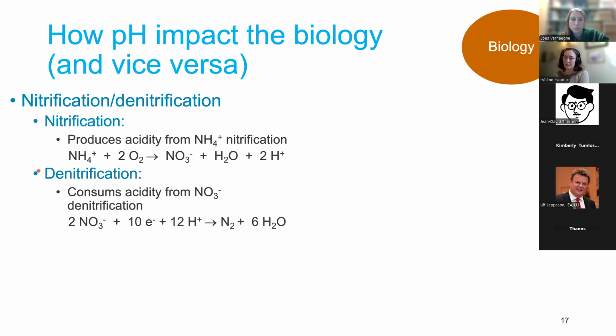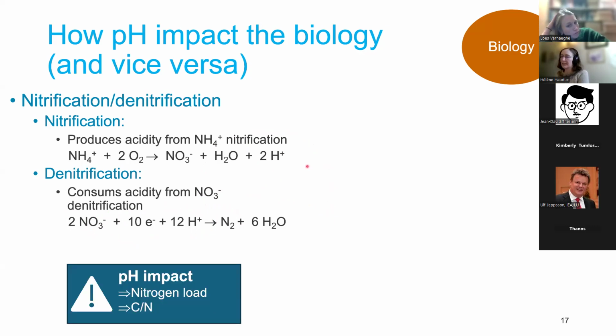Nitrification often comes with denitrification, which is the reduction of nitrate into N2. This reaction consumes a net amount of 2 protons for 2 molecules of nitrogen, so 1 proton for 1 molecule of nitrogen. So when we have nitrification followed by denitrification, the denitrification recovers half of the acidity produced by nitrification. Only half.